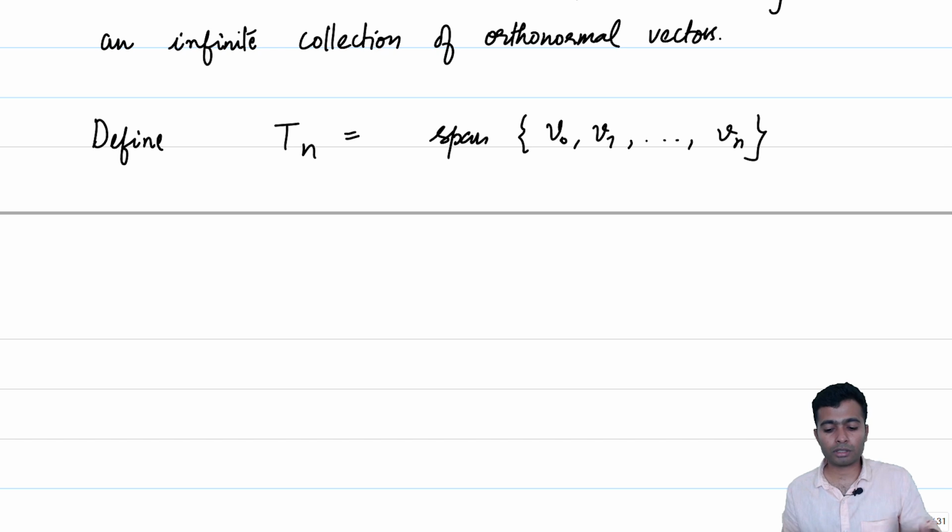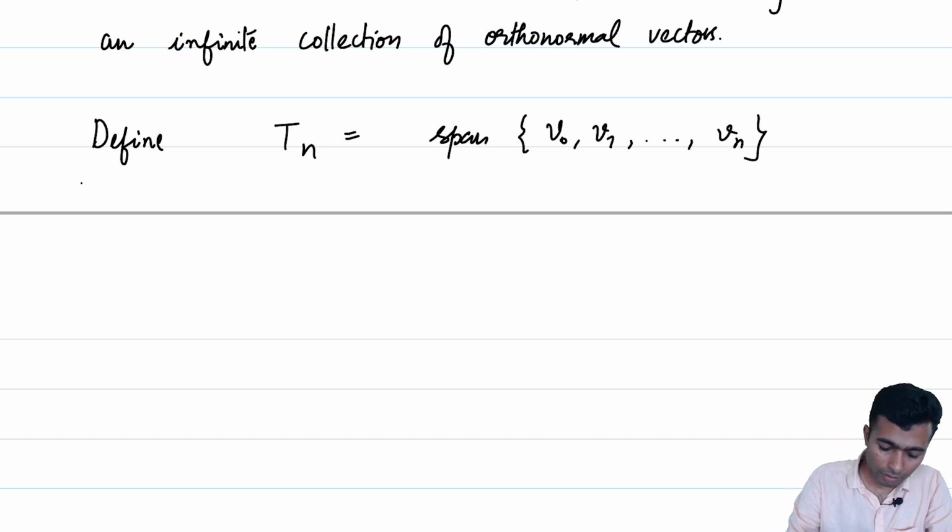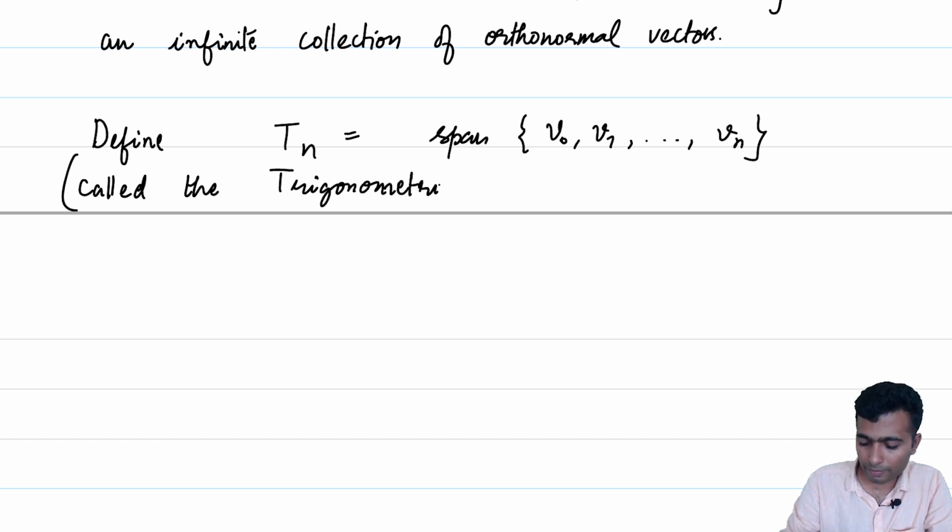These are called the trigonometric polynomials. So what will be a typical element here?